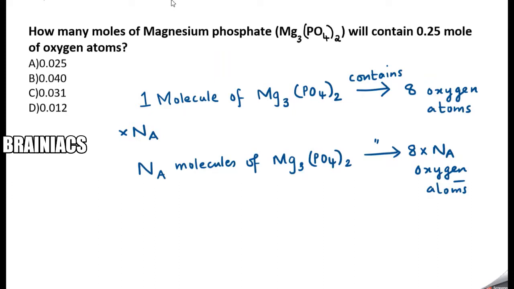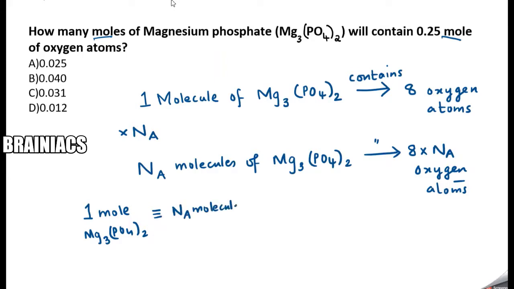Now we need to convert this into moles, because the question is asking how many moles, and they are given also in moles. So how can I do that? I know that one mole of Mg3(PO4)2 has Na molecules, correct?